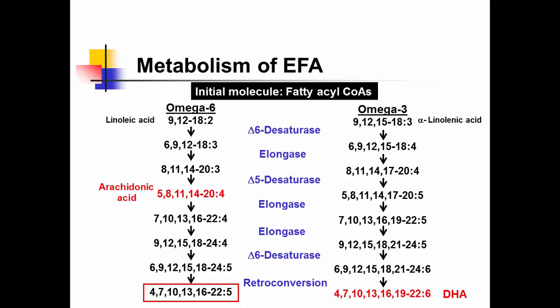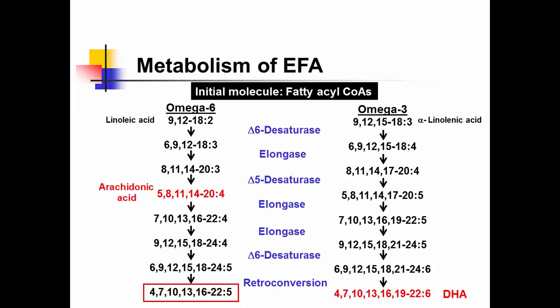family members can be synthesized from alpha-linolenic acid, which is an essential fatty acid with 18 carbons and 3 double bonds, to make DHA, and DHA has 22 carbons and 6 double bonds, right? It undergoes 3 desaturation and 3 extension steps to make DHA, which has longer carbons and more double bonds, right?